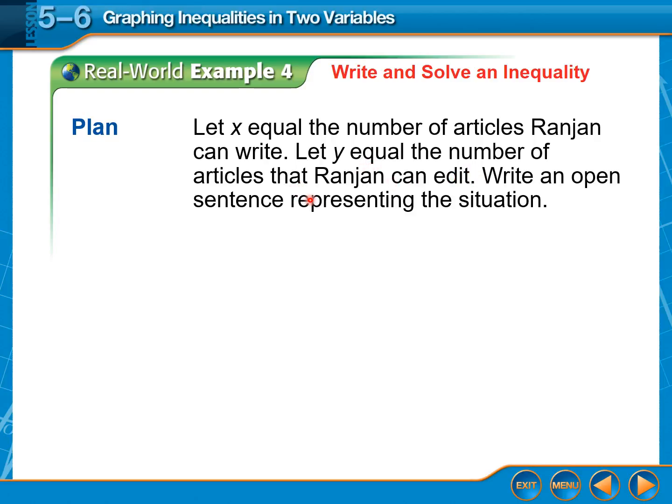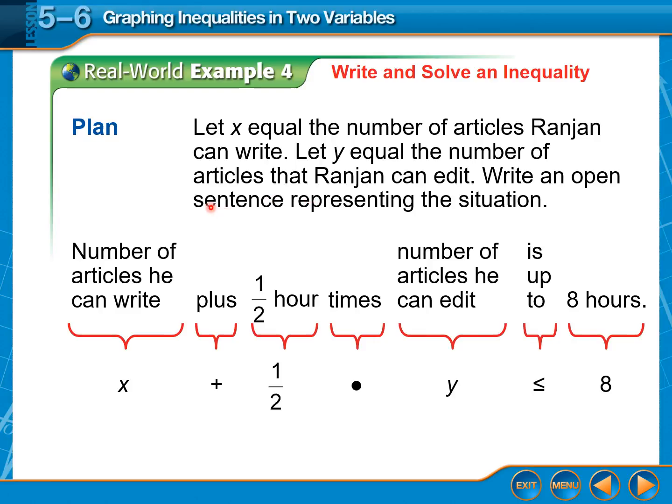All right, so what we're going to do is take that situation and write it using an inequality. So it'll look something like this. The number of articles that Ron John can write is x. Each hour Ron John writes one article. So in 2 hours it would be 2 articles, 3 hours, 3 articles, and so on. And so any number of articles that he can write in an hour is x, plus the half hour that it takes him to edit an article.